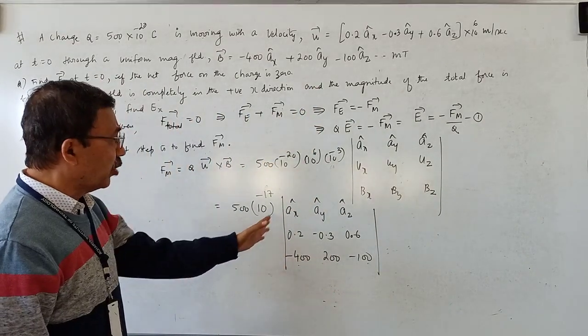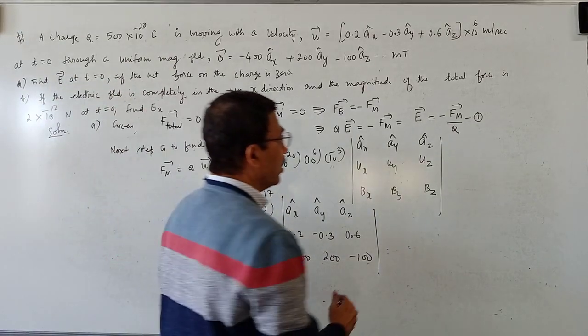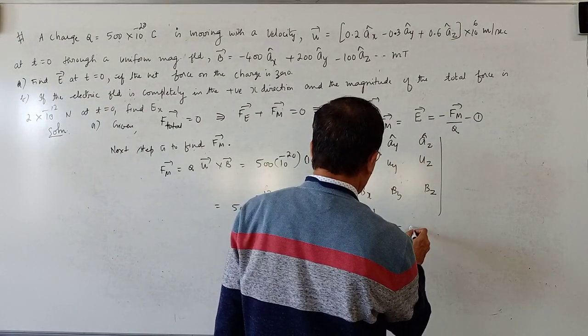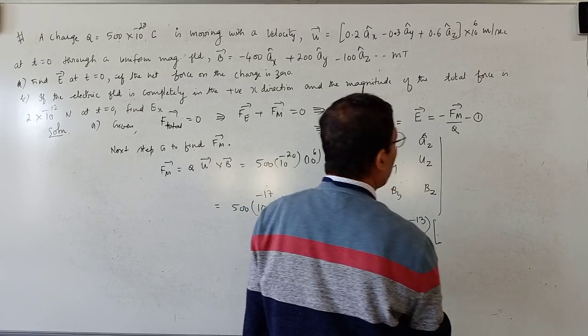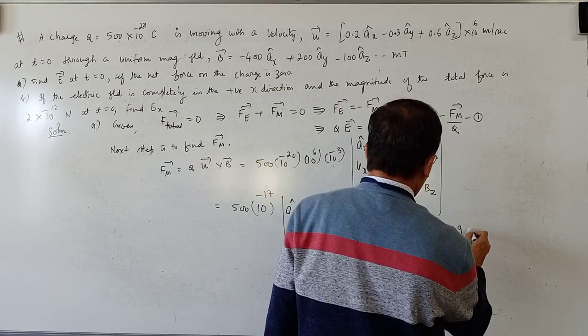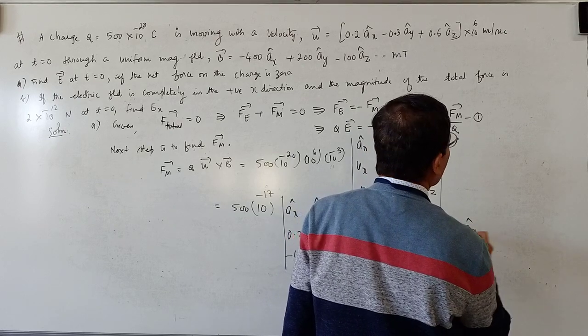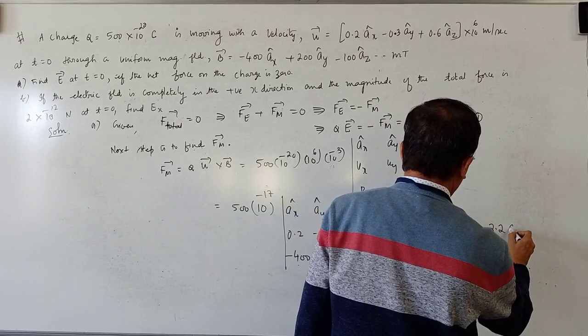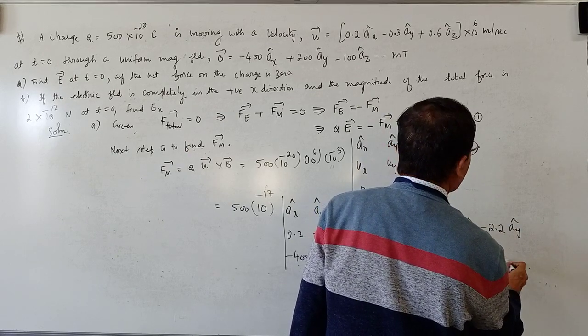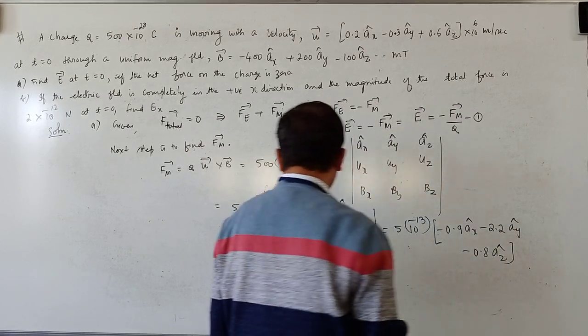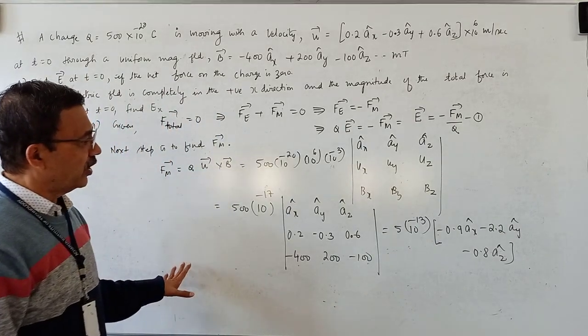Now evaluate this determinant. If you evaluate this determinant, the answer you are going to get is 5 into 10 to the power minus 13 multiplied by minus 0.9 ax cap minus 2.2 ay cap minus 0.8 az cap. This is the answer you get once you evaluate this determinant.